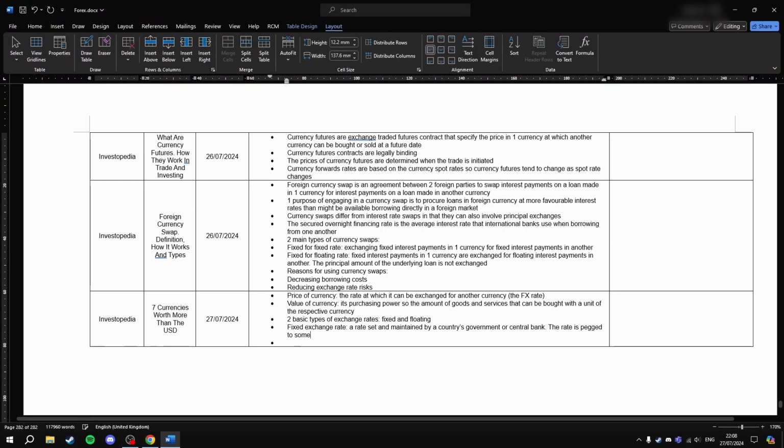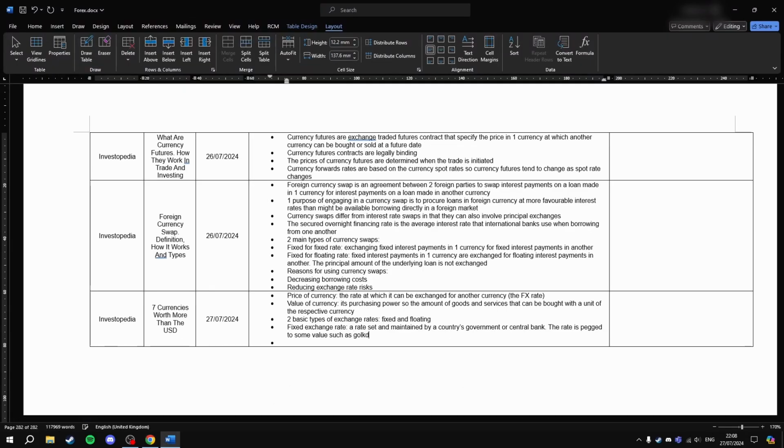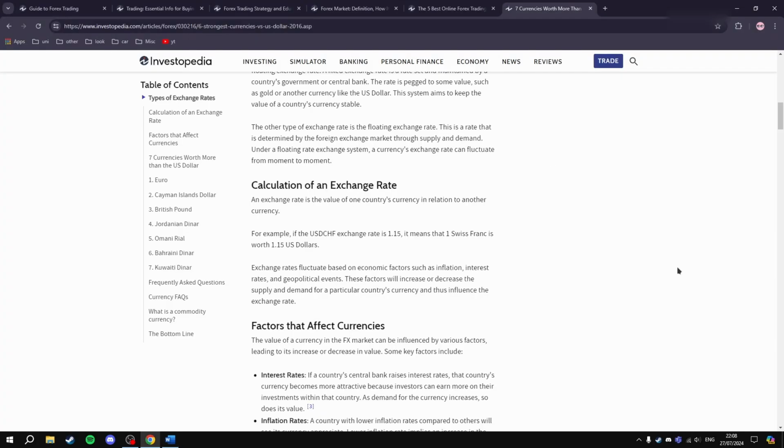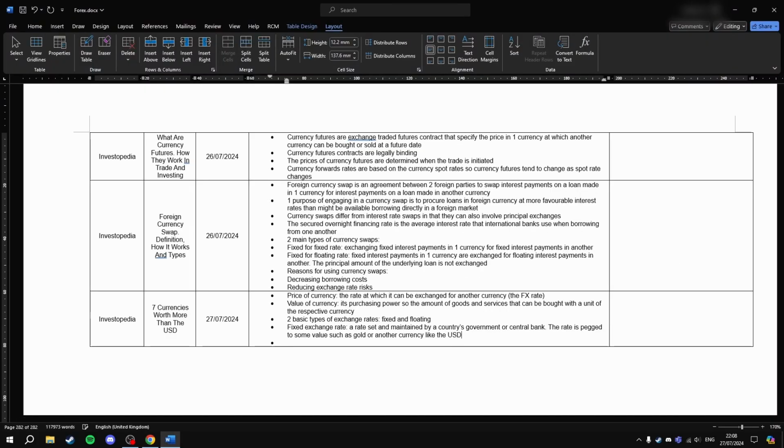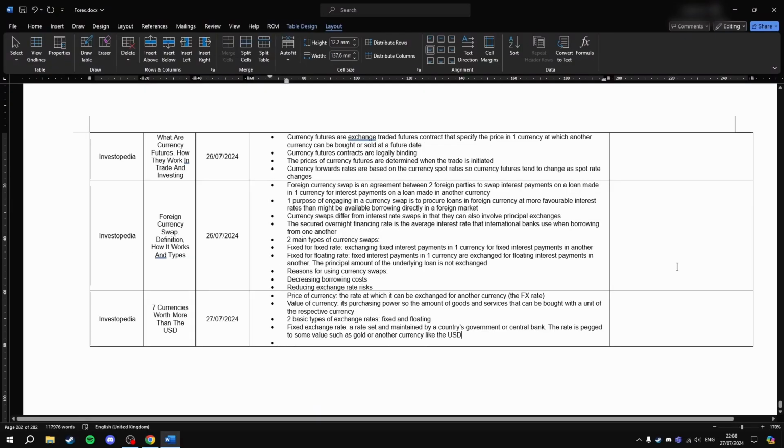So if gold or USD moves up, then that exchange rate is also going to go up, and if gold or USD goes down, the exchange rate also goes down. I'm assuming that's what it means. The system aims to keep the value of a country's currency stable.